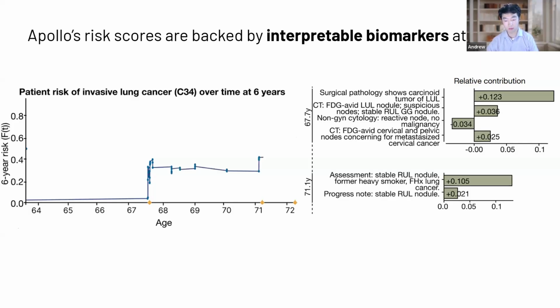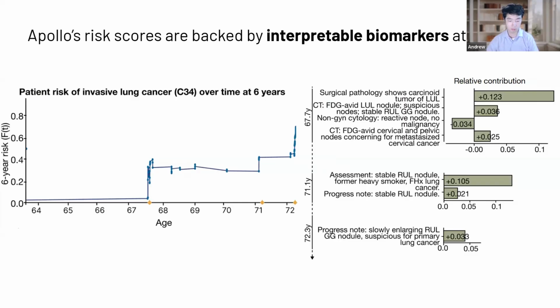Then we have a note saying this patient is a former heavy smoker and has a family history of lung cancer, and that obviously causes the risk to increase as well. Then we see that the right upper lobe nodule is slowly enlarging, which makes it suspicious for lung cancer, and this is where the model predicts a pretty high risk score.